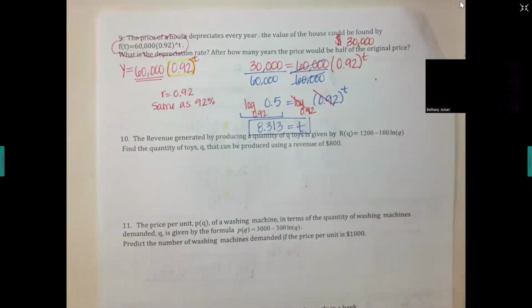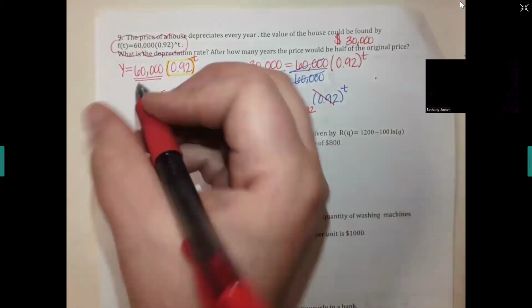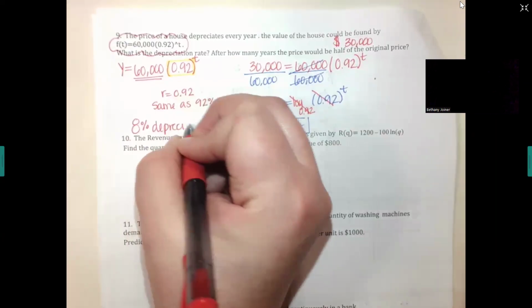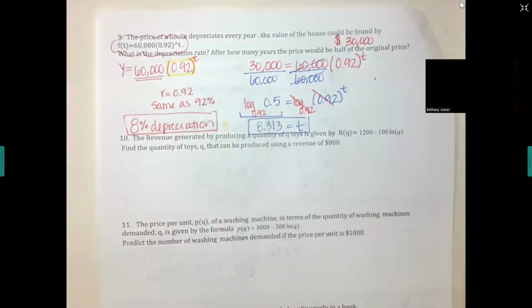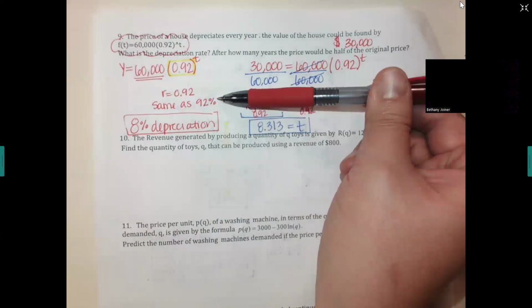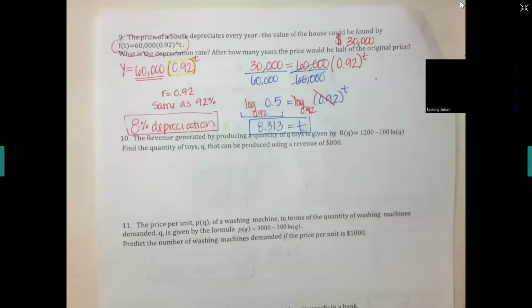Well, if it's dropping to 92%, then the rate that it went down would be 8%. I hope that makes sense: if it was staying at 100%, it wouldn't be losing any value. So if it's dropping to 92%, that means it's losing 8% of its value. So just turn that 0.92 into a percent and then think about how much it dropped from 100% down to 92.